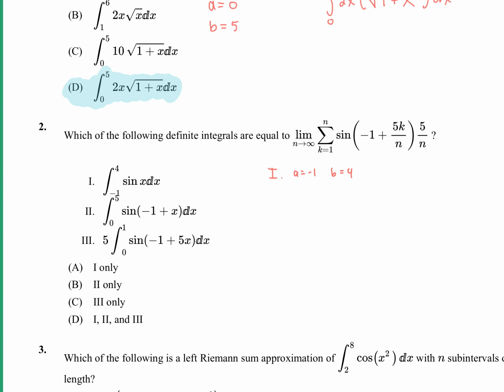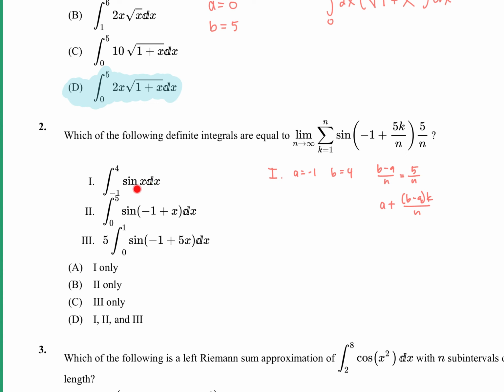Those are the limits. So that means our b minus a over n is 5 over n. And what we plug in for every x value is a plus (b minus a) times k over n.